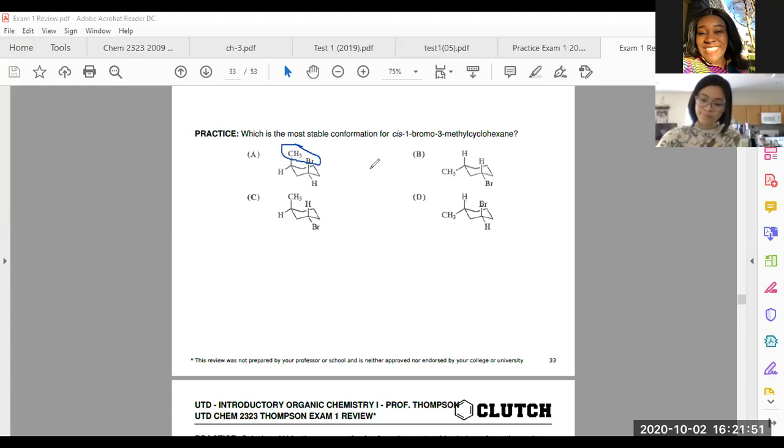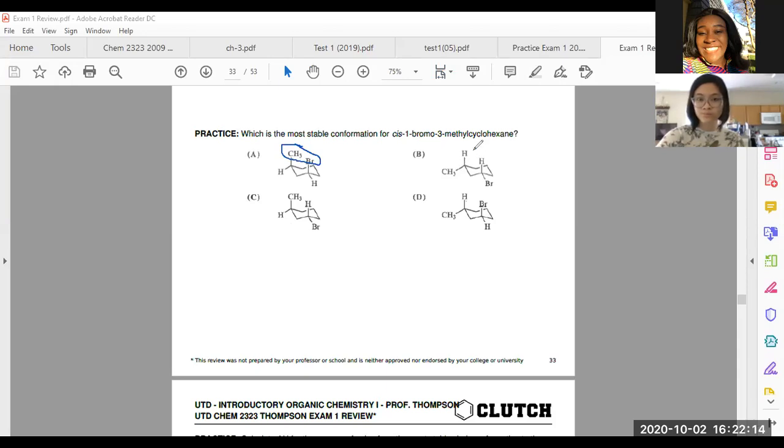So yes, working through this, you can tell that A obviously isn't correct because those two big groups are basically right across from each other in a 1-3 conformation. You don't want that. That's really bad.